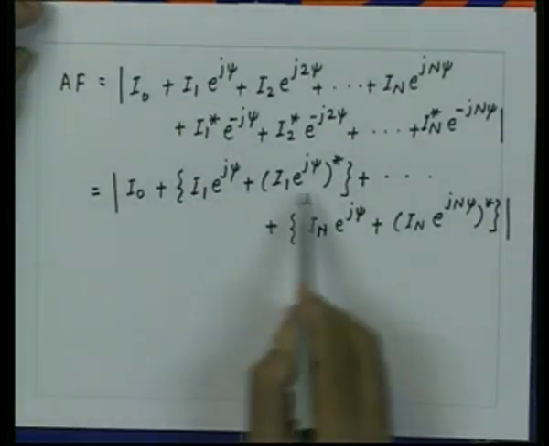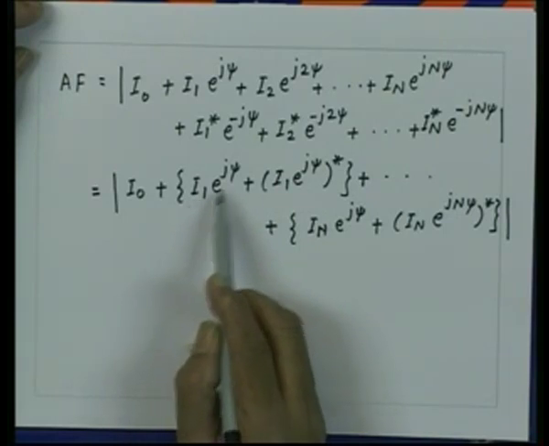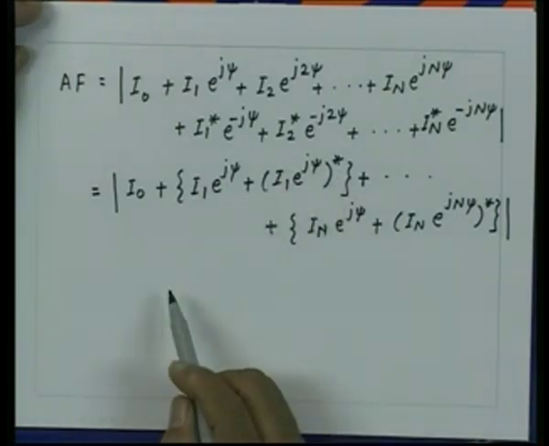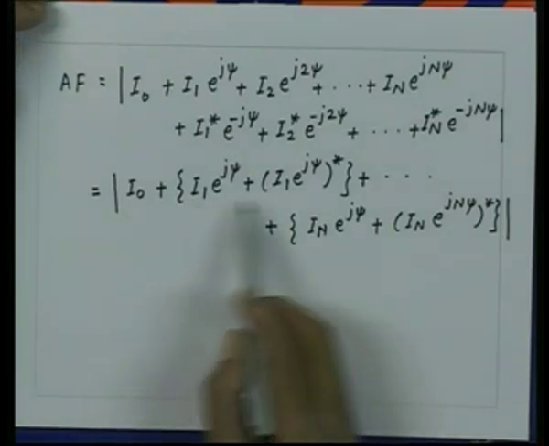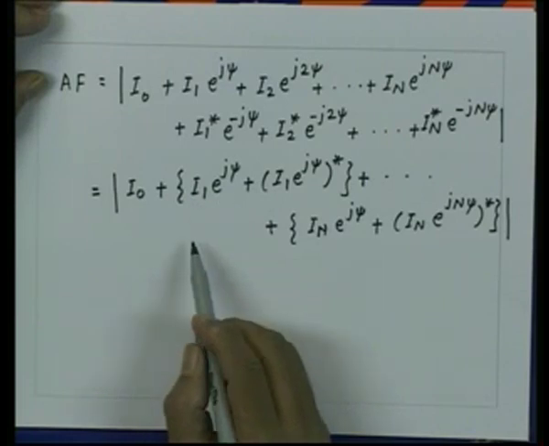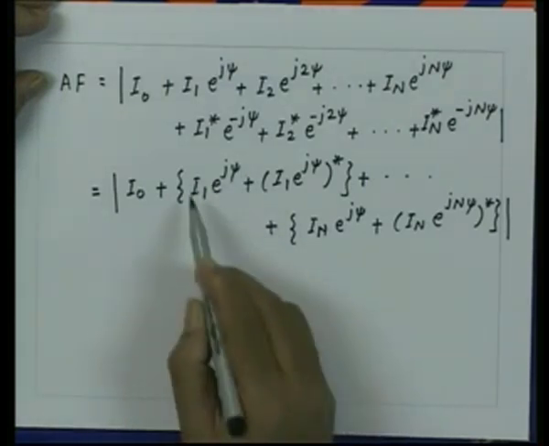Now, this thing can be combined together. This is the quantity which is I1 e to the power j psi and the conjugate of that. So, this essentially gives the real part of this quantity, 2 times the real part of this.